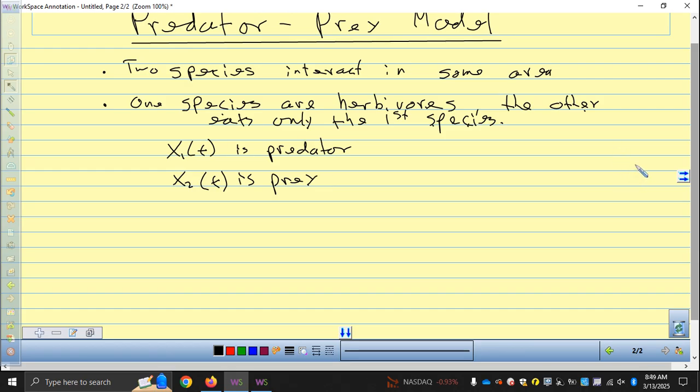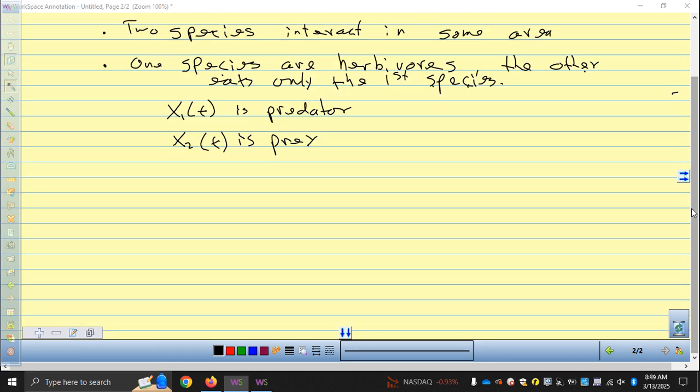If there are no prey animals, we would expect the rate of change of the predator population to be proportional to the population, classic population model. And we'd expect the rate of change to be negative because those predators don't have any food.